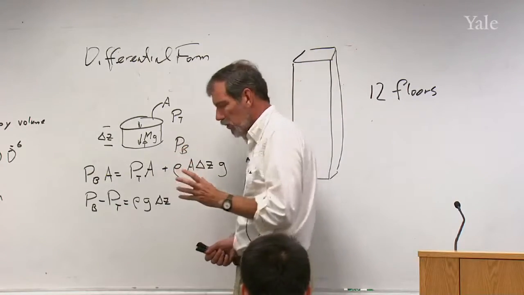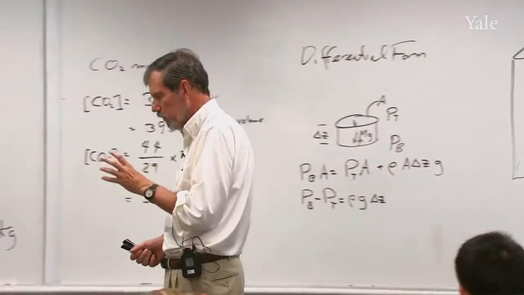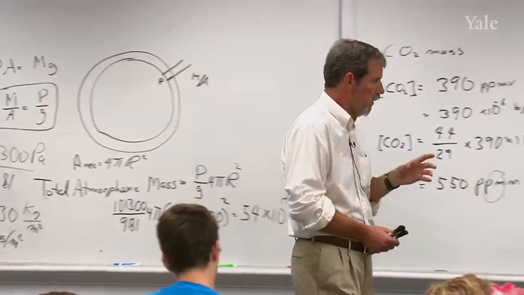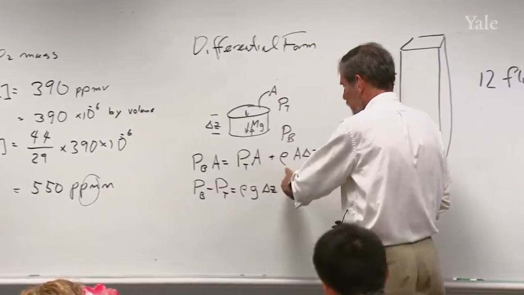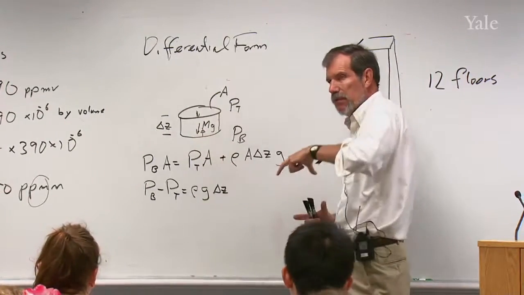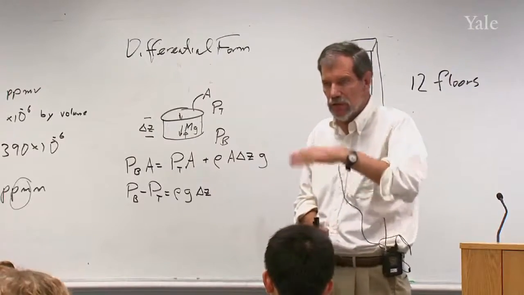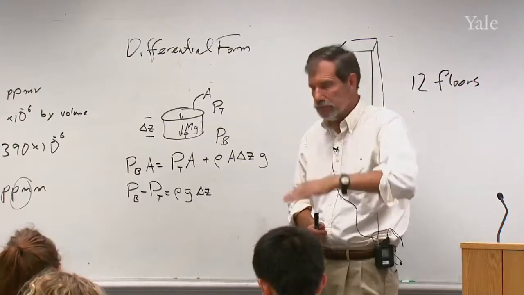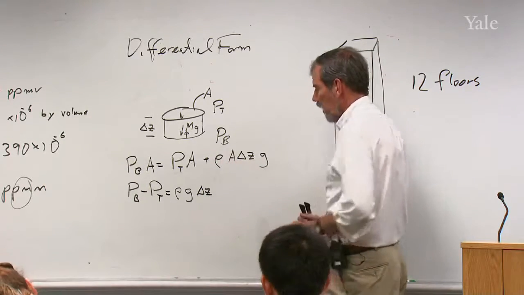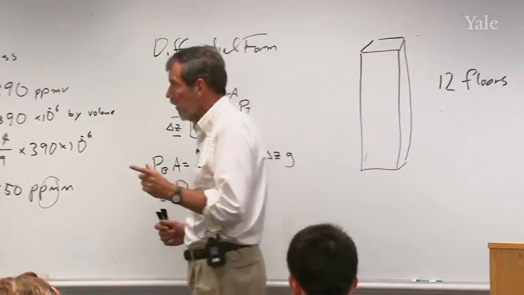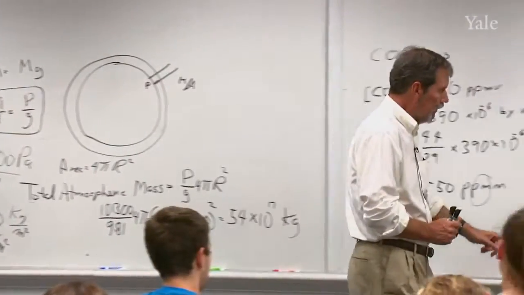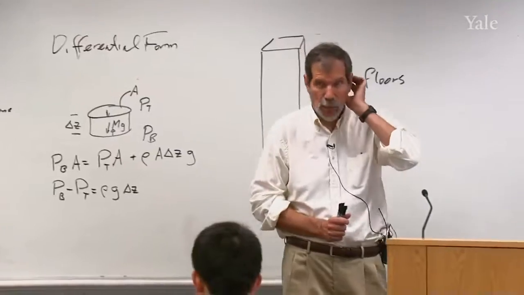If you want to know the mass of a fluid, you multiply the density times the volume. So I've written it here as Greek letter rho for density, and then the volume is the product of the area and the height of the cylinder. Remember that from trigonometry? The volume of a cylinder is just the area times the height of it. So those three things together, rho A delta Z, that's the mass of the air, has units of kilograms. It's like the M we had over here. And then I multiply times g to get the weight.